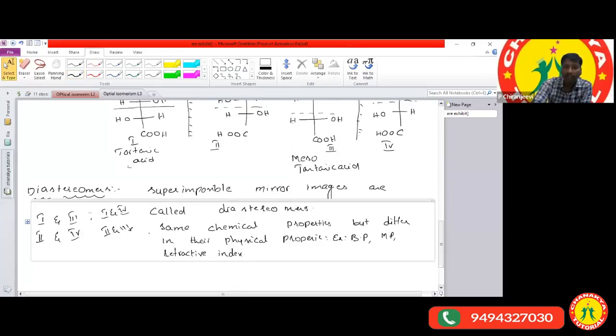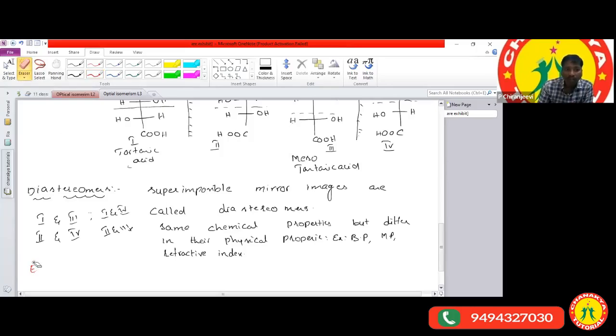Enantiomers. What is meant by enantiomers? Non-superimposable mirror images are called enantiomers. I think I already gave the heading here. Is it right? So what is meant by enantiomers?